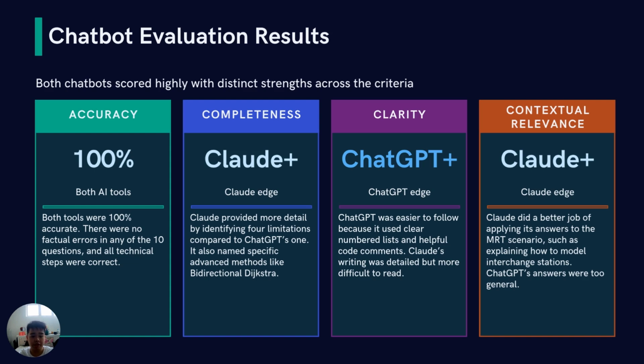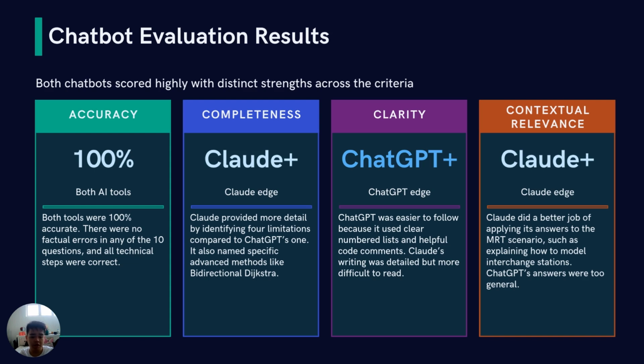In terms of completeness, Claude provided more details by identifying 4 limitations compared to ChatGPT's, which is only 1. It also named specific advanced methods, such as bidirectional Dijkstra. In terms of clarity, ChatGPT was easier to follow because it used clear numbered lists and helpful code comments.